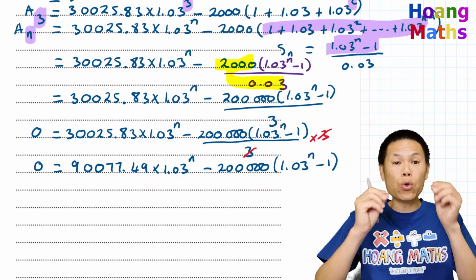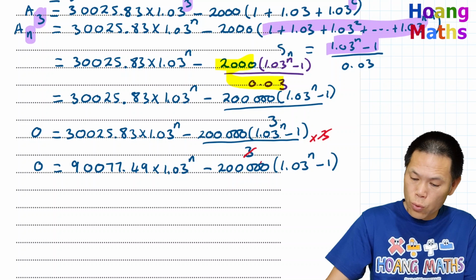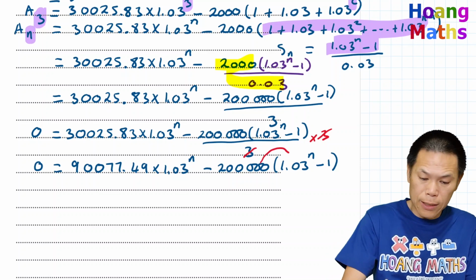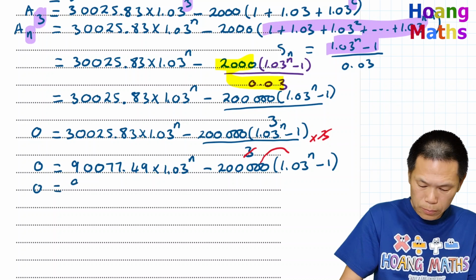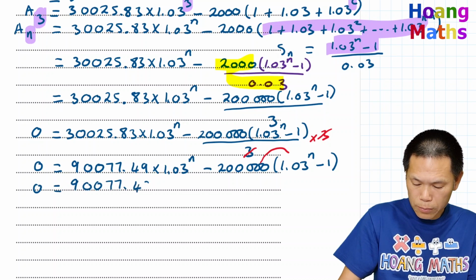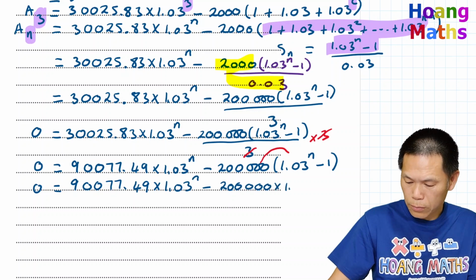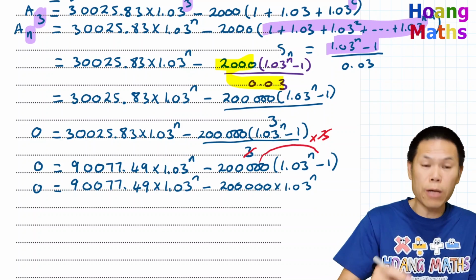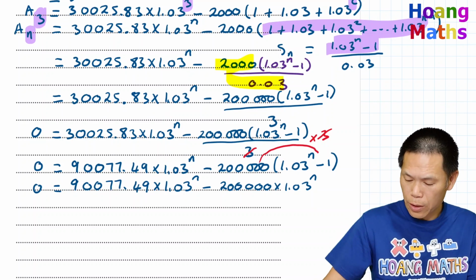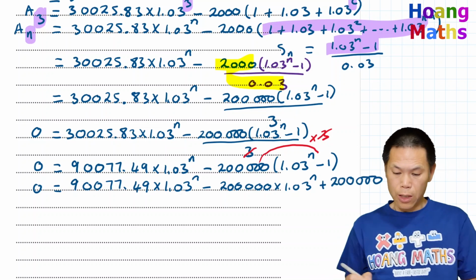So now I just remove the brackets. So this means 200,000 times that. So that will give me 0 equals, and negative 200,000 times 1 will give me 200,000. But it's positive, okay? So there you go.